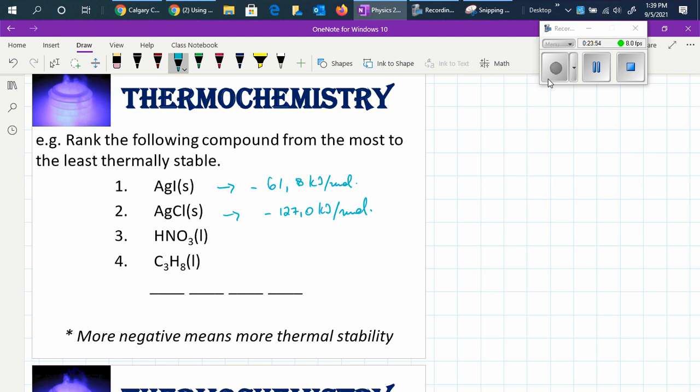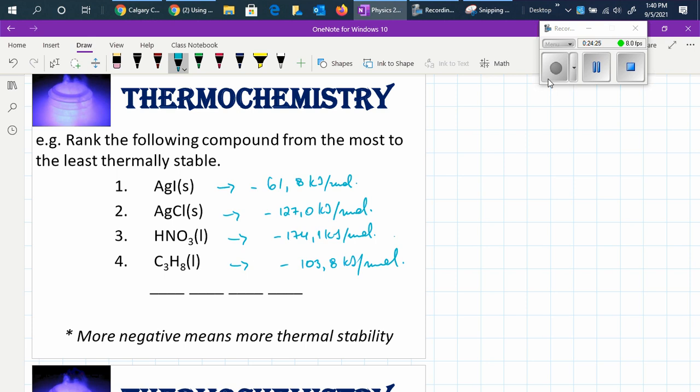And then we have nitric acid, which is a negative 174.1 kilojoules per mole. And then we have propane, which is negative 103.8 kilojoules per mole. So the more stable is the more negative.